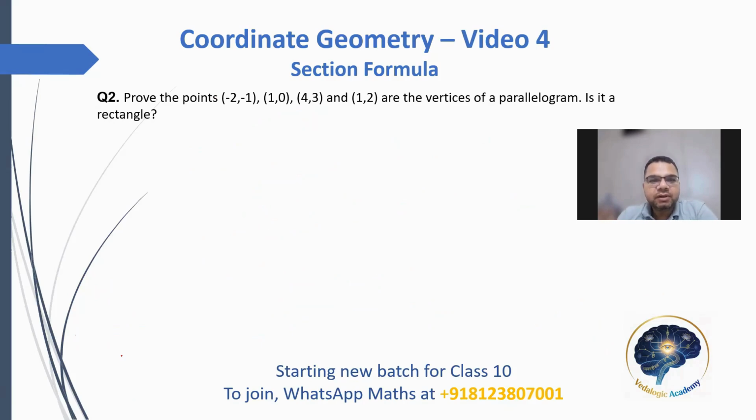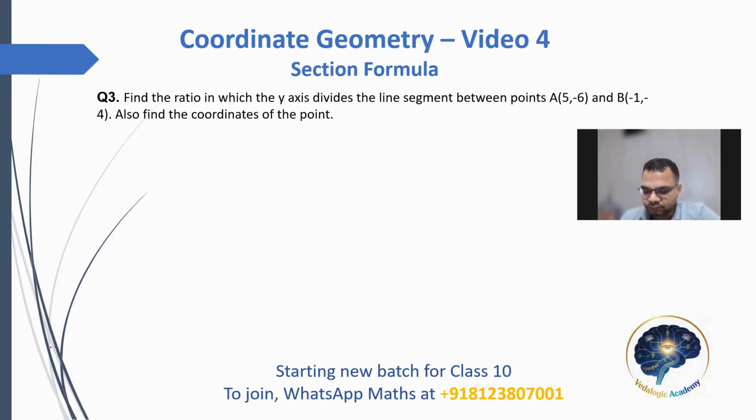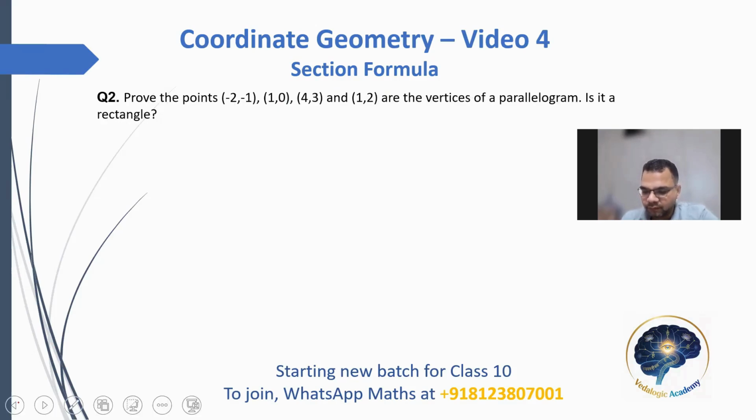So we have the vertices of a parallelogram. We want to find out whether it's a rectangle. Okay, so can you tell me how do we find out whether these vertices are of a parallelogram? So let's say this is what we have.